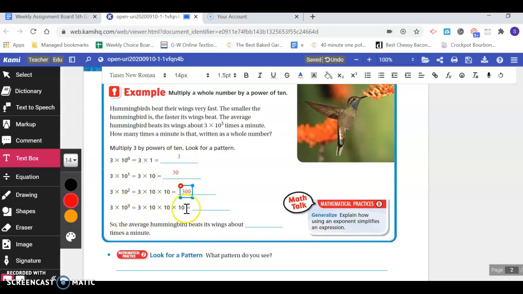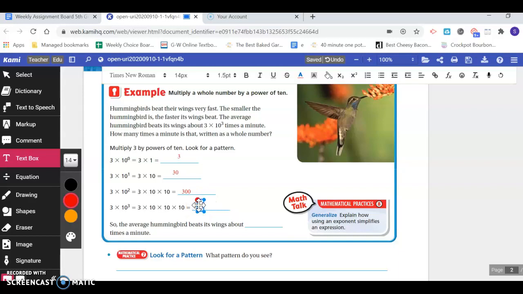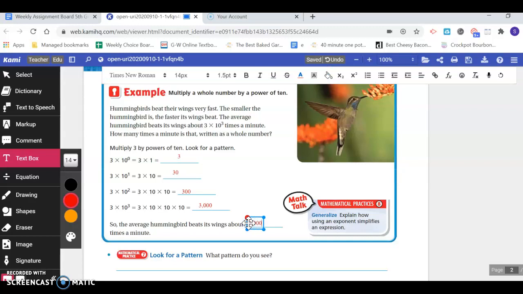So now we're up to our final power of 10. We have 3 times 10 to the third. So now we have 3 tens. Our answer is going to increase by 1 more 0. So the average hummingbird beats its wings about 3,000 times every minute.